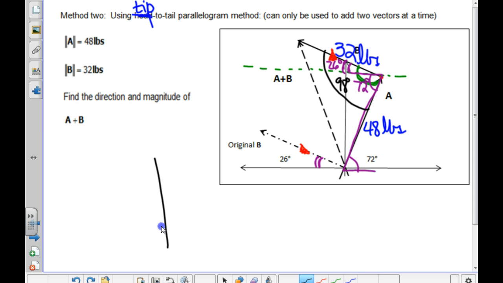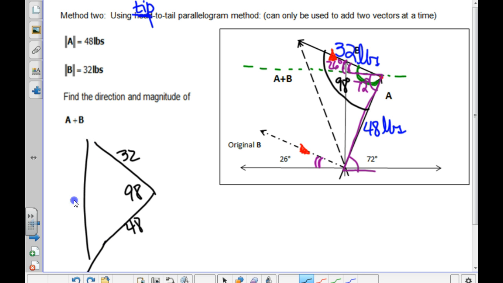If I go over here and redraw that triangle real quick, it says this is 48, this is 32, and this is 98 degrees. And you need to find this side over here. Can you do law of cosines to find that? Okay. X squared equals 32 squared plus 48 squared minus 2 times 32 times 48 times cosine of 98.